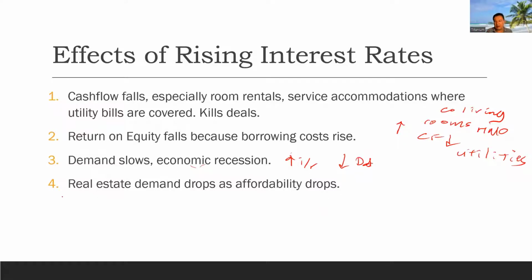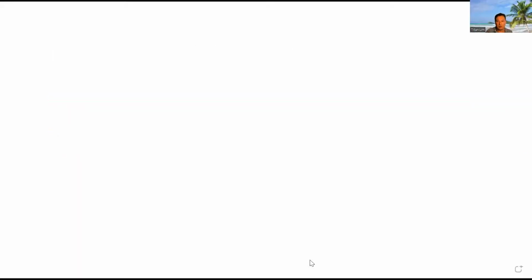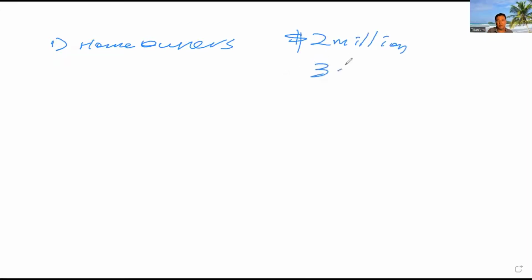Now, there are several types of people that are going to be badly hit. First of all, homeowners. Number one, I think the most vulnerable. Surprise, surprise. Let me give you an example in Singapore. Say a 3.5 million landed house in Singapore.